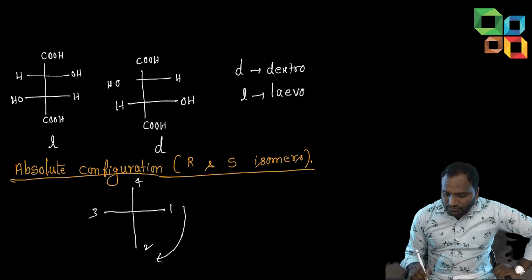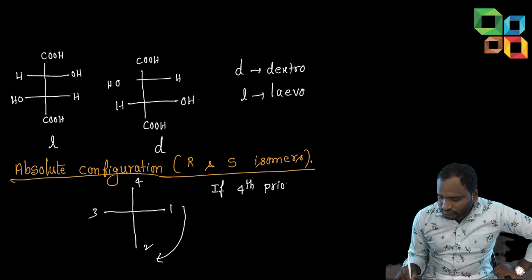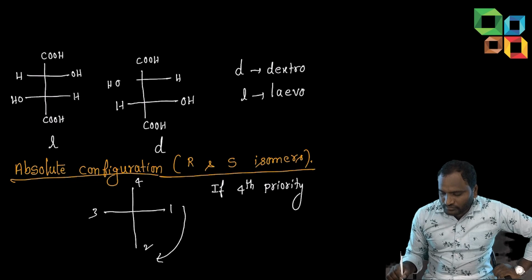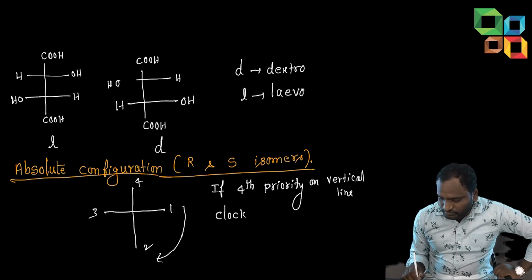If it is clockwise and the fourth priority is on the vertical line, clockwise gives R configuration, anti-clockwise gives S configuration.